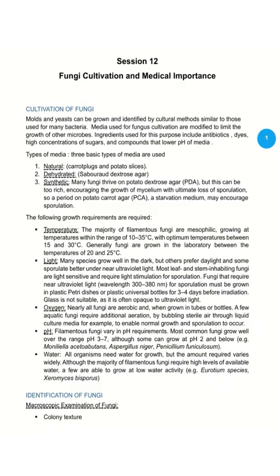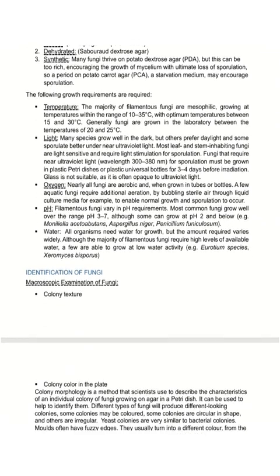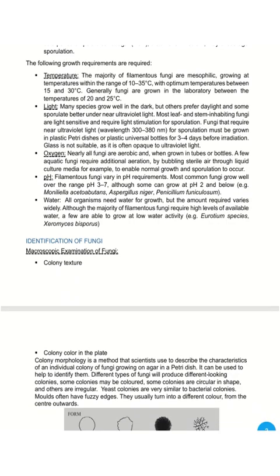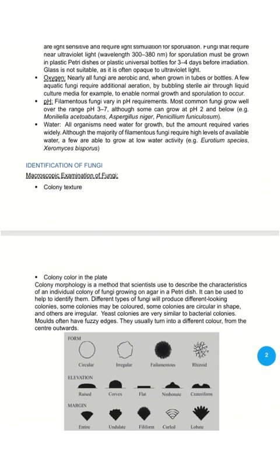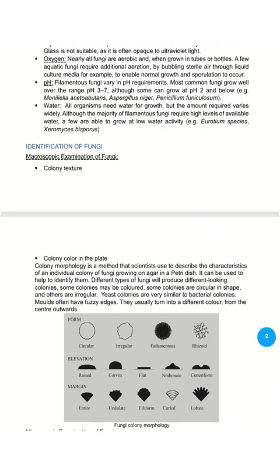After we grow the fungi on the medium in the laboratory, we need to identify these fungi. So identification of fungi is through two processes. The first process is the macroscopic examination of fungal colonies on the petri dish.